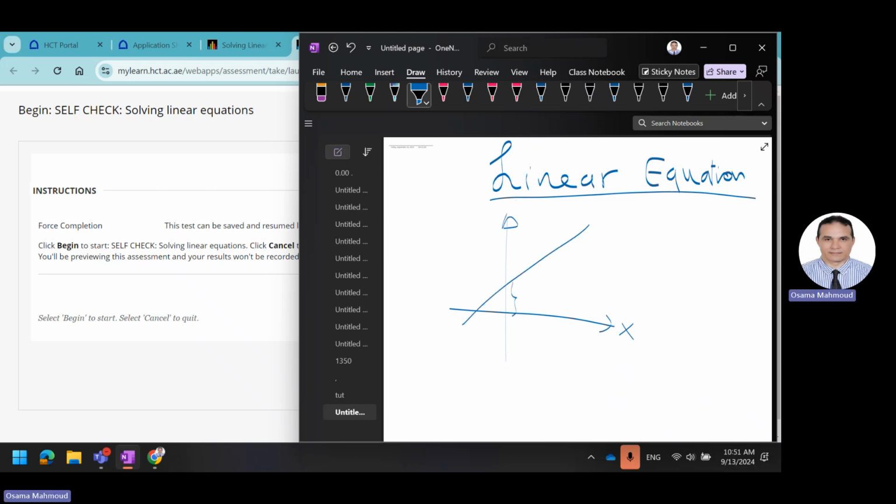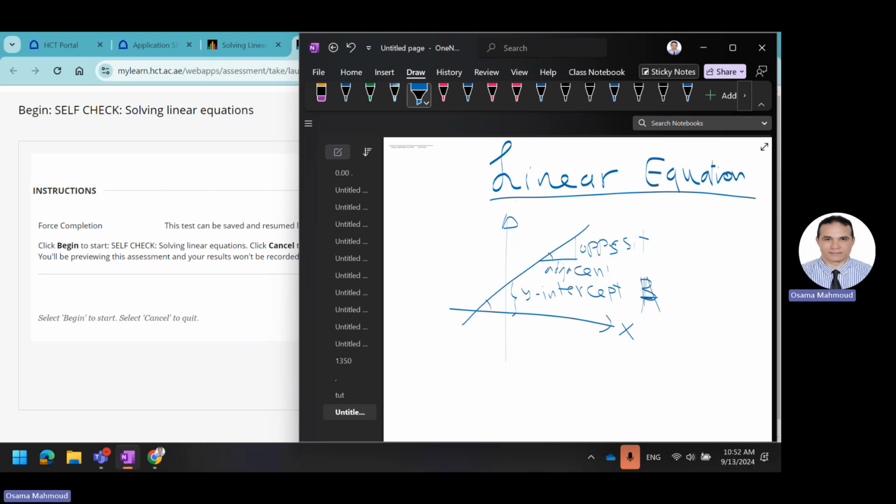Any line has this part, we call it the y-intercept. If you call it B, or A as the calculator does, that's okay. And you have something called slope. Slope is the opposite over the adjacent, for this angle, right?